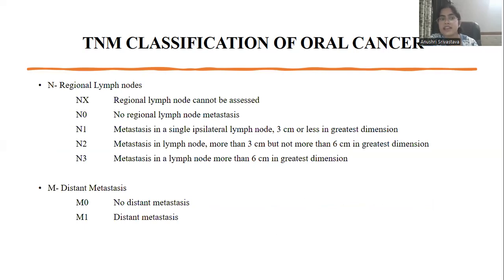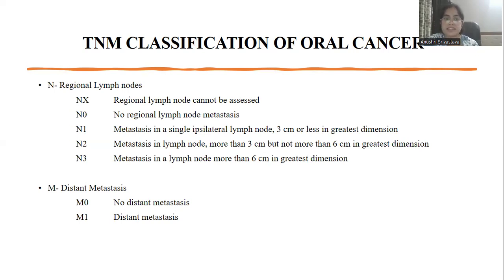Next, N means regional lymph nodes. If regional lymph nodes cannot be assessed, it means NX. If there is no regional lymph node metastasis, meaning metastasis is not present in regional lymph nodes, then we will give N0. If there is metastasis in a single ipsilateral lymph node of 3 centimeter or less in greatest dimension, we will give N1.